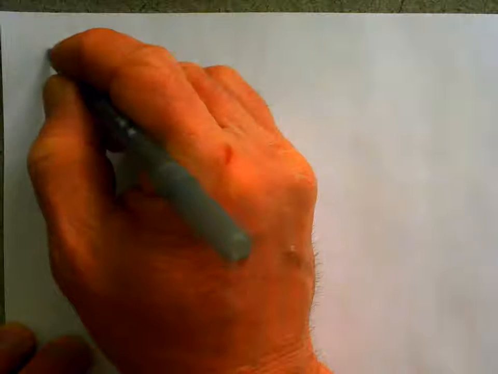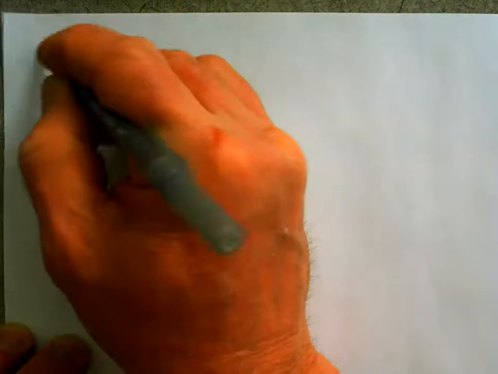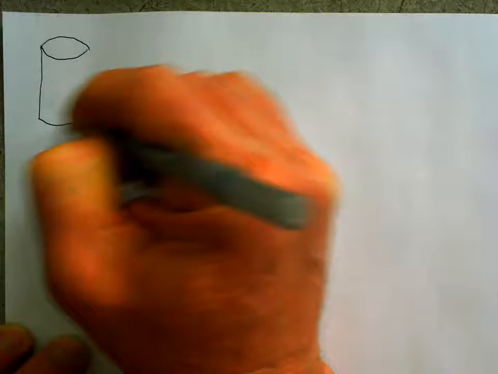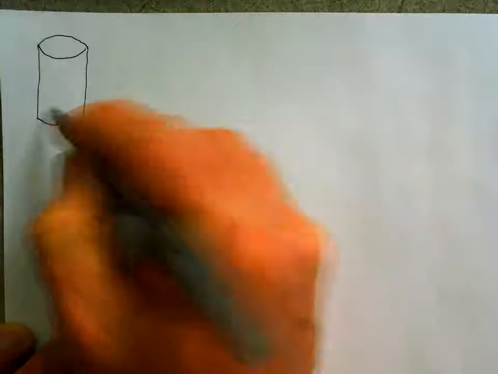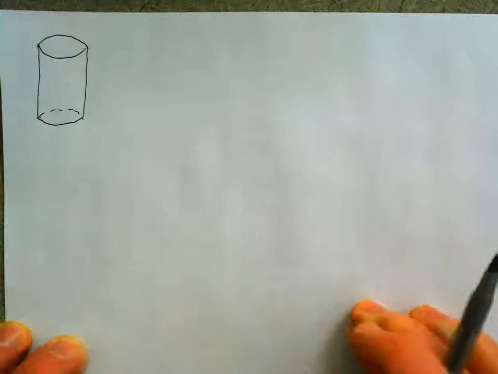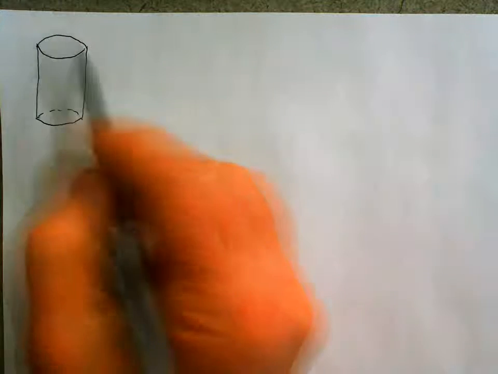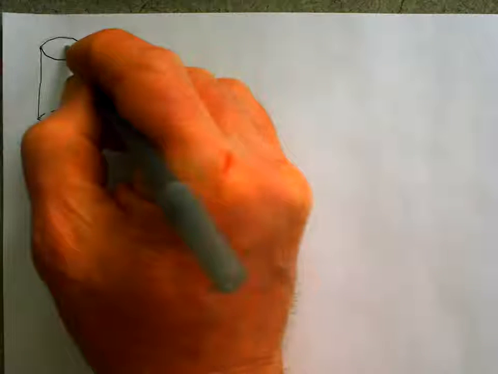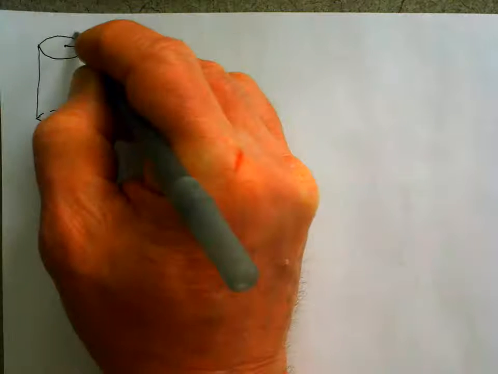Okay, to start with, a right circular cylinder. Well, that's like a soup can. So I tell you what that is so you don't have to guess what my drawing is. If you have a right circular cylinder, the top and the bottom are circles.